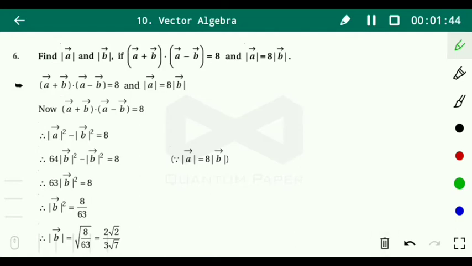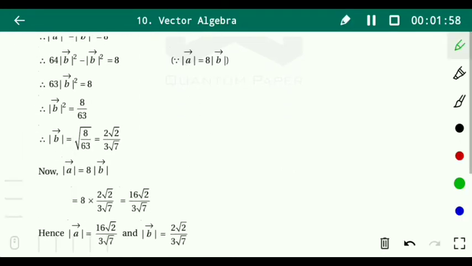But we have to find the value of the magnitude of vector A and the magnitude of vector B. So we have to take the square root of magnitude of vector B square, which is 8 by 63. So it gives 2 root 2 upon 3 root 7.